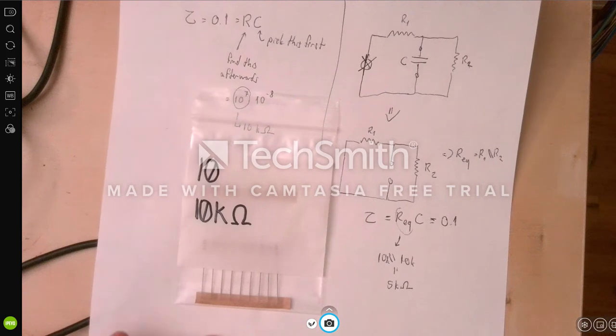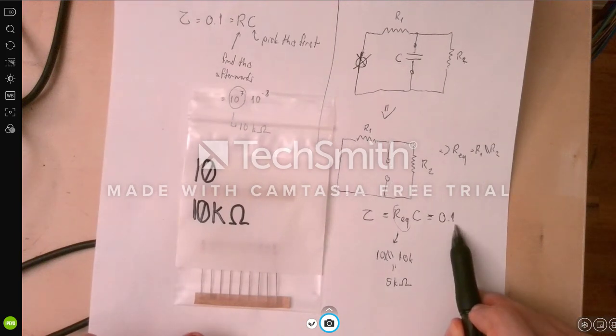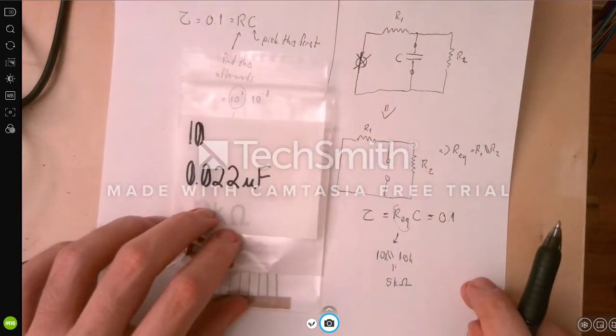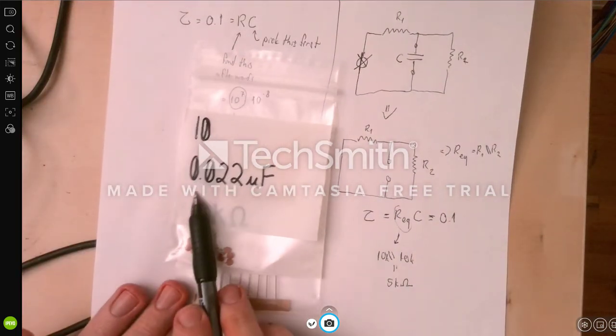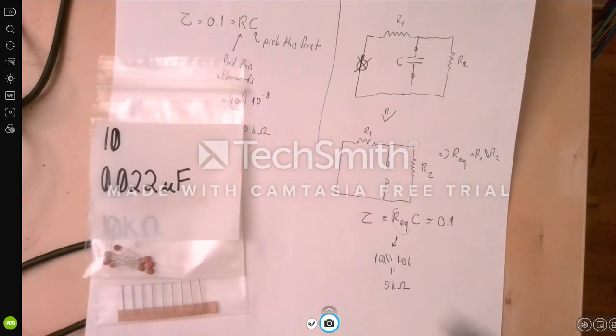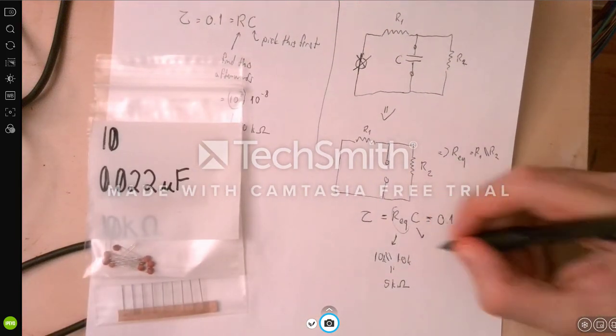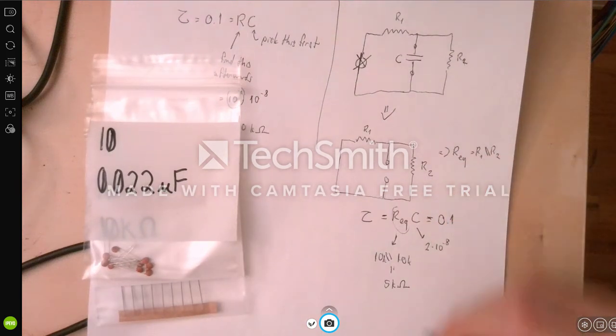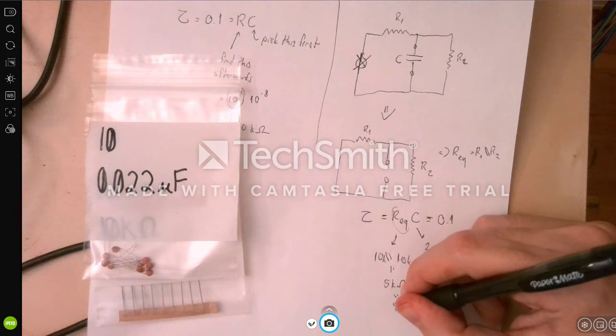However, we still need a 0.1 time constant, so fortunately we have approximately 0.02 microfarad capacitors, so we can say 2 times 10 to the minus 8, 5 times 10 to the 3.